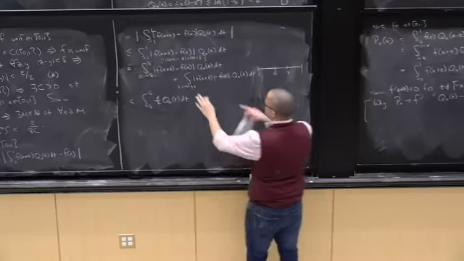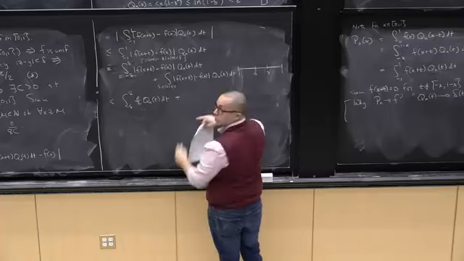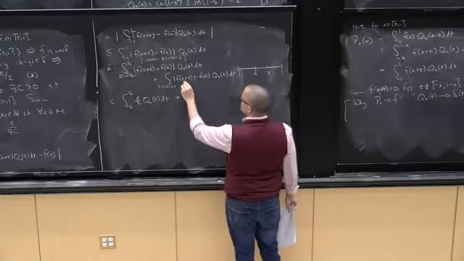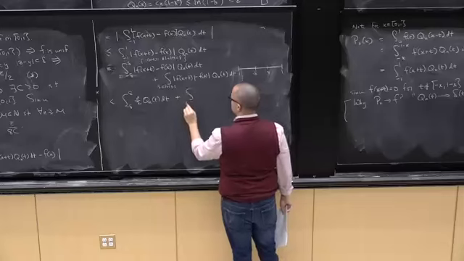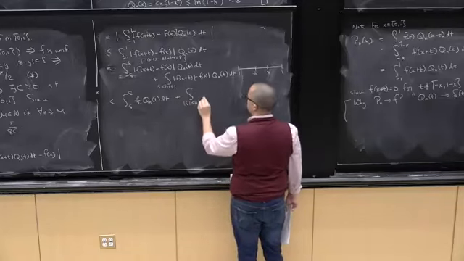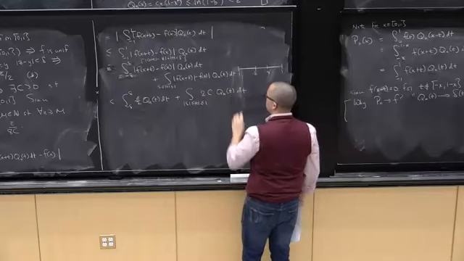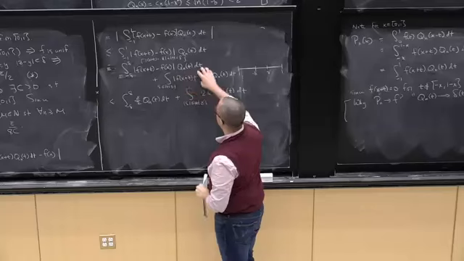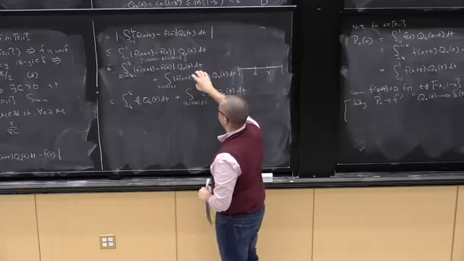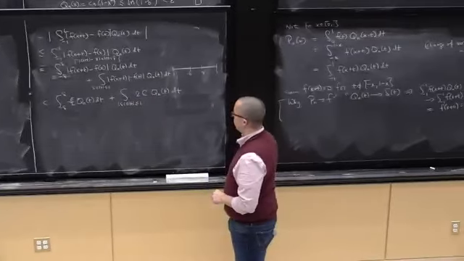Plus, now the absolute value of this guy is less than, by the triangle inequality, the sum of the absolute values, which is less than or equal to 2c. So 1 and then 2c. Because that's bounded by c, that's bounded by c, the absolute value of the difference is less than or equal to the sum of the absolute values, each of which is bounded by c.